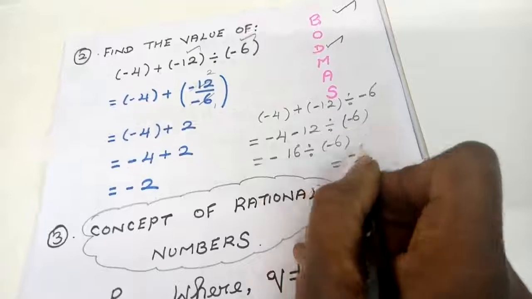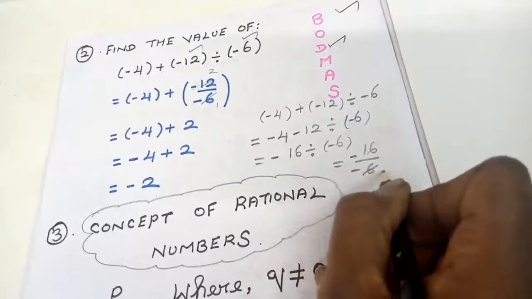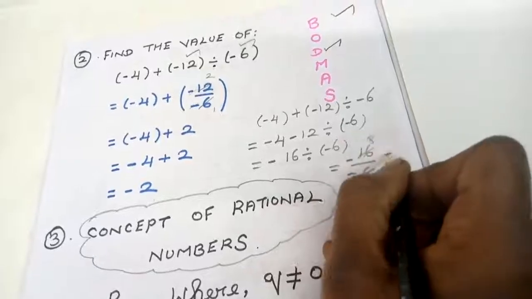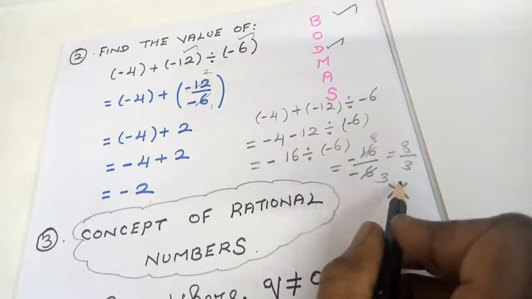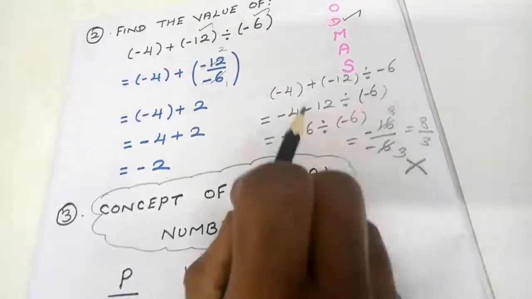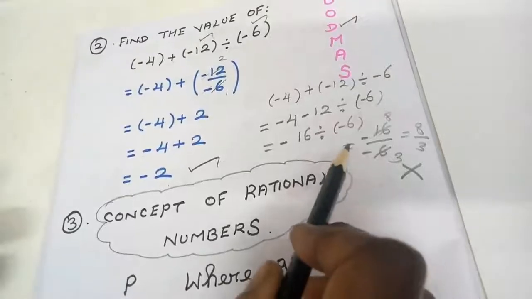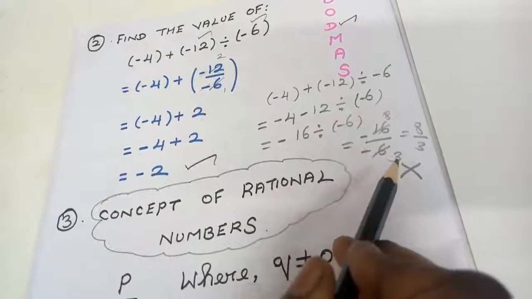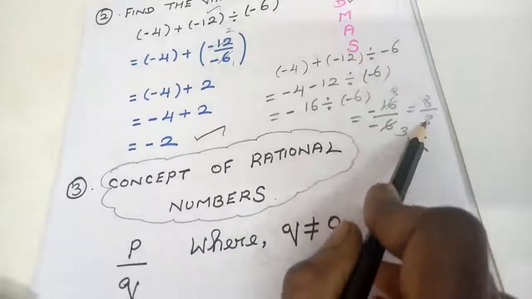If you calculate minus 16 divided by minus 6, 2 3s are 6, 2 8s are 16, that is 8 by 3. Totally this answer will be wrong. Only if you are going to use the BODMAS rule, you will get the answer correctly. If you are not going to use the BODMAS rule means you will not get the answer correctly, students, and that is not a proper way of doing the calculation.